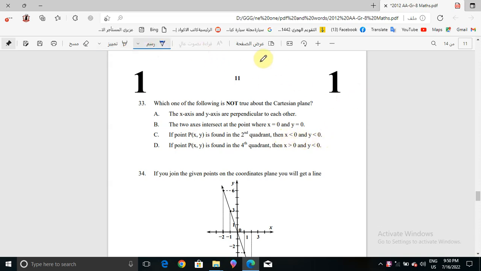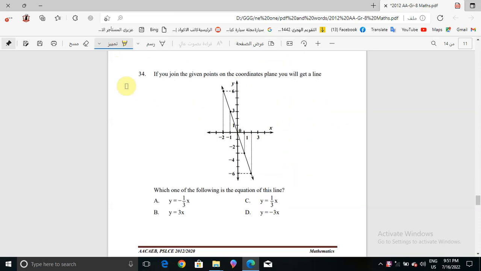Because as we said before, the second quadrant is negative, positive. It is not negative, negative, it's the third quadrant. So that means choice C is the one which is not true about the Cartesian plane.